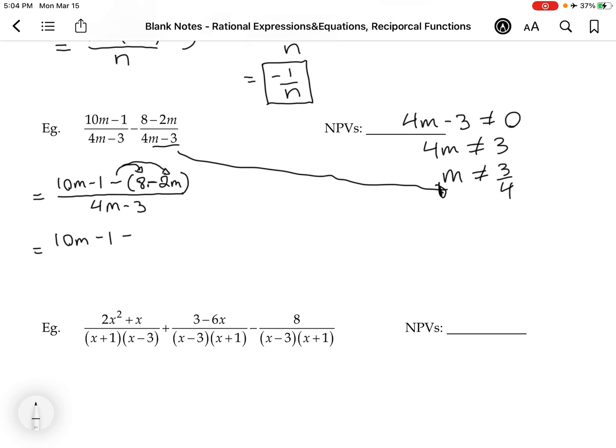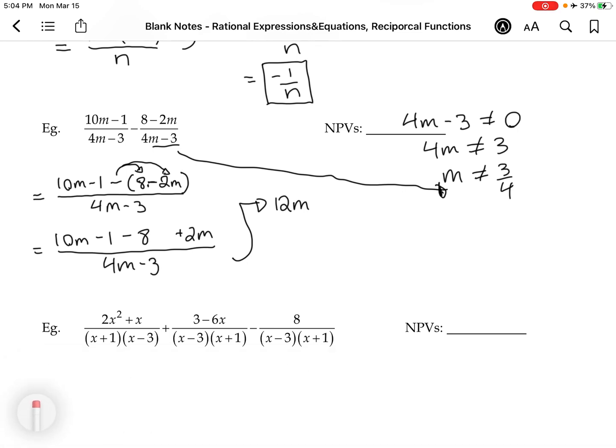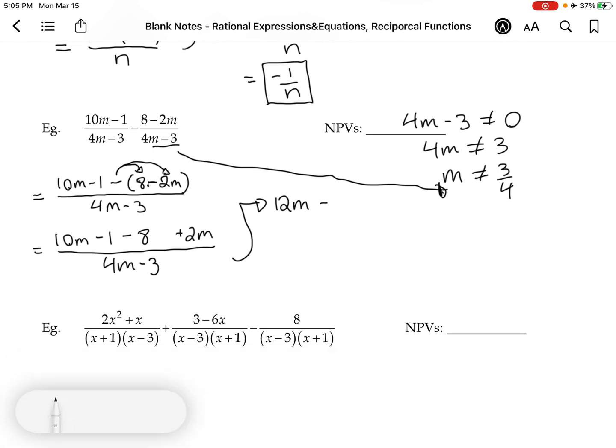We have 10m minus 1 minus 8m, and then minus negative 2m is plus 2m over 4m minus 3. And that simplifies in the numerator to 12m. Oh, wait, sorry. I made a mistake. This is not 8m, it's just minus 8. There we go. That's better. So that simplifies to 12m minus 9 over 4m minus 3.